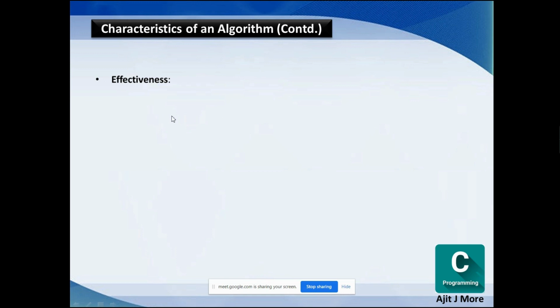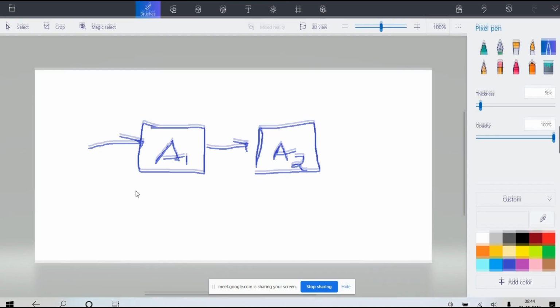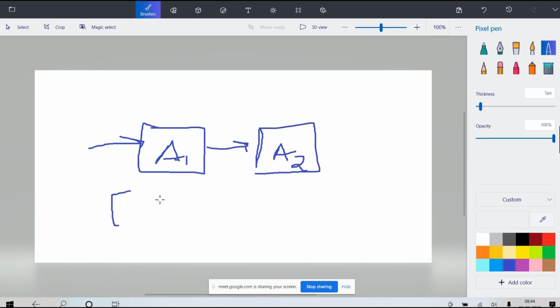Suppose I'm telling you to multiply two 2 by 2 matrices. I'm sure in 12th you have studied matrices, isn't it? If I have a 2 by 2 matrix and I tell you to multiply it, you'll do it quite easily and quickly. 3 by 3 also you'll do, with paper and pencil.